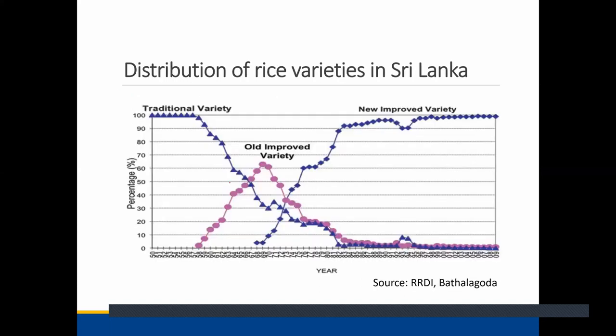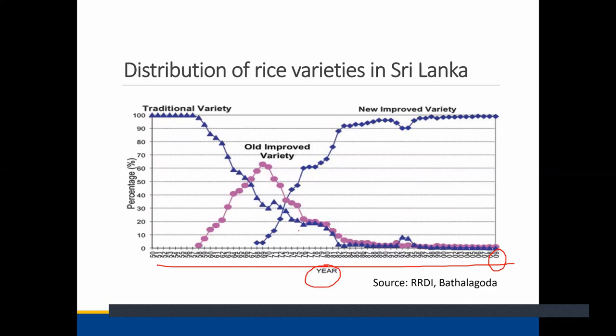So this figure I wanted to show you is the distribution of different rice varieties. On the x-axis we have the year, starting from 1950 to 2009. It's still not a very updated graph, but you can see that by 2009 we had so many newly improved varieties.